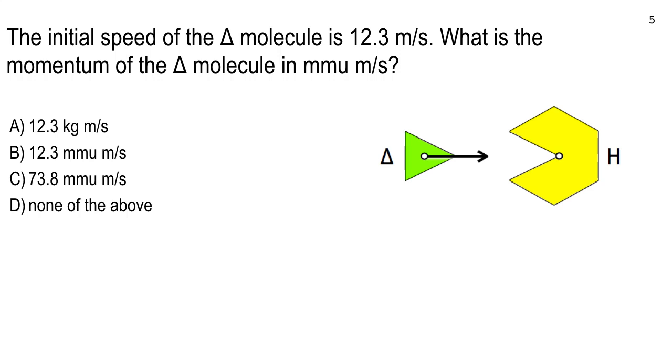Instead of kilograms, we're using molecular mass units. So what would the momentum be? This is A, B, C, or D. Remember the definition of momentum? P equals what times what? Right, mass times velocity. So you can figure that out.